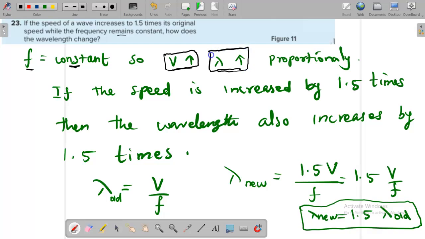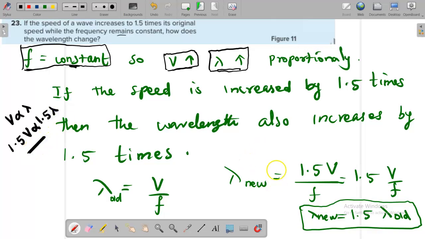That is the answer. Very simple. It is mentioned frequency is constant. So V proportional to lambda. If V is increased 1.5, lambda also is increased by 1.5. So you can pause and you can copy it.